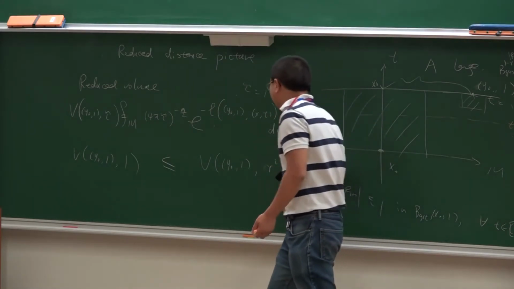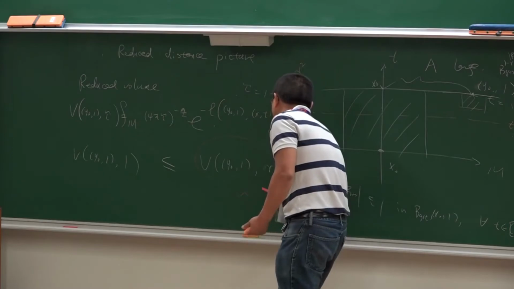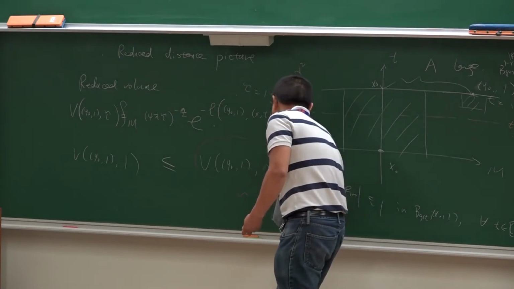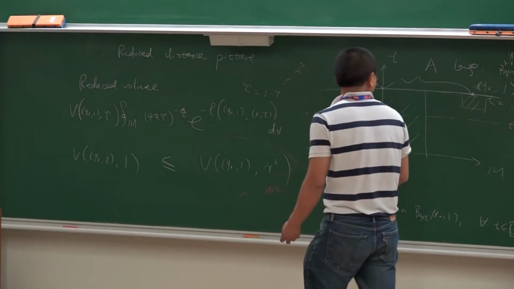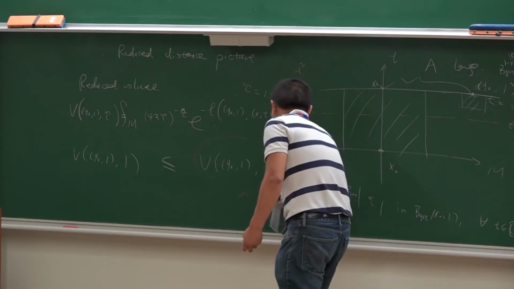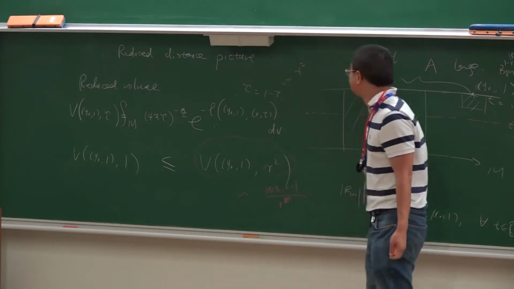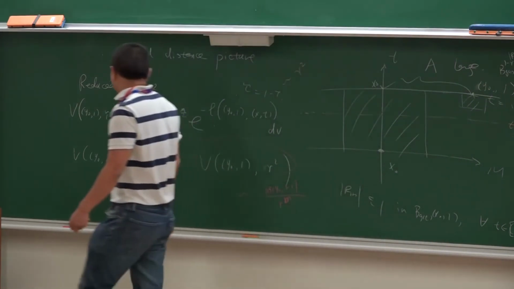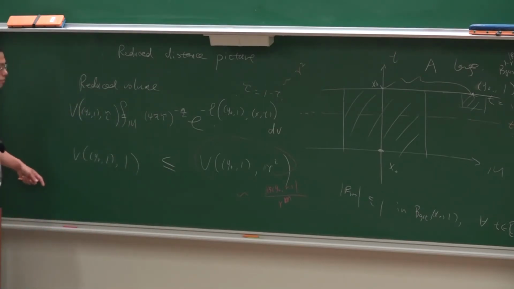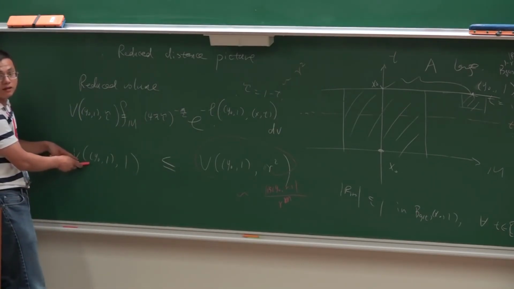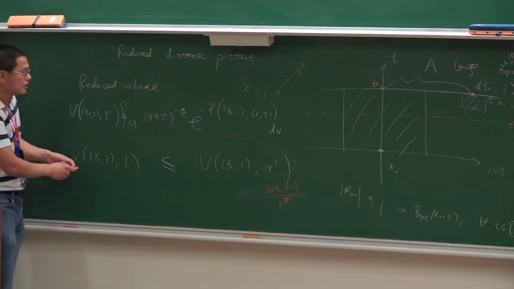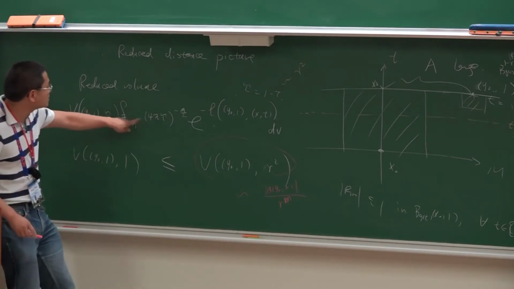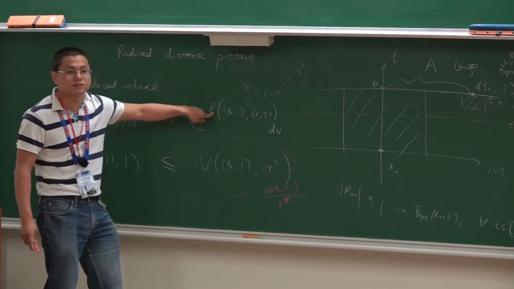So this is almost the volume ratio of the ball of radius r naught. But how about this one? It will have a lower bound because, by definition, it is the integral of e to the negative l, where l is the reduced distance.